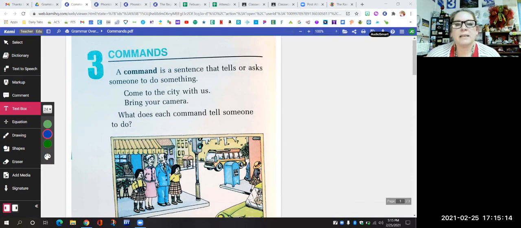So a command tells or asks you to do something, okay? So here's 2 examples. Come to the city with us. Well, that is you're telling someone to come with you to the city. So you're telling them to do something. Bring your camera. You're telling someone to bring their camera. What does each command tell someone to do? You're telling them, come with me, bring this.